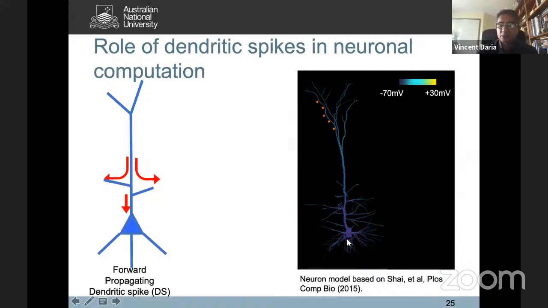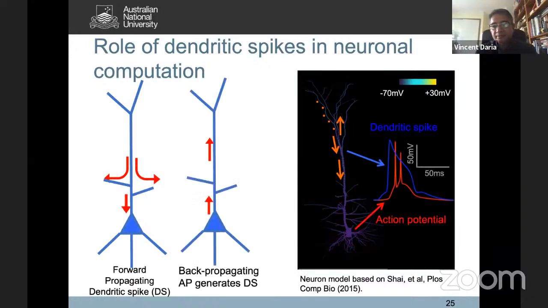Eventually, it will fire an action potential. So the signal goes through. It will go to different dendrites as well, because there's actually no preferred direction, and then the signal registers as an action potential. What is really important is that before it reaches the soma, there is what we call a dendritic spike that occurs here.